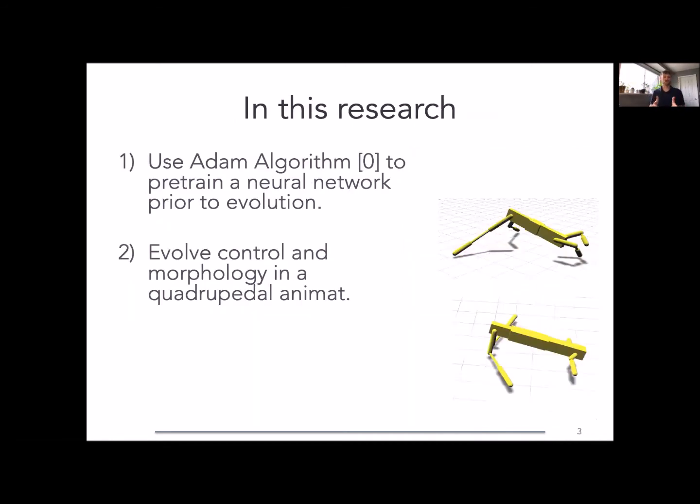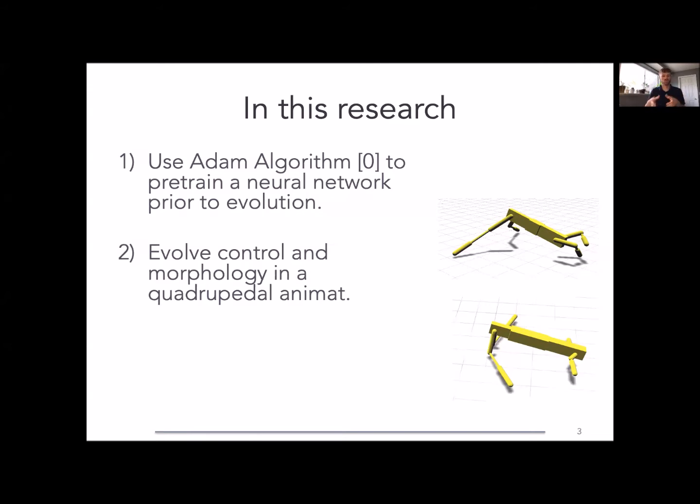So in this research, we primarily broke our gait evolution into two parts. The first part wasn't actually evolution. We used the ADAM algorithm, which is a supervised machine learning algorithm, to pre-train a neural network prior to evolution. And I'll get to pre-training in just a minute.